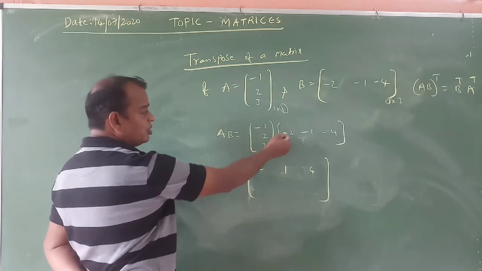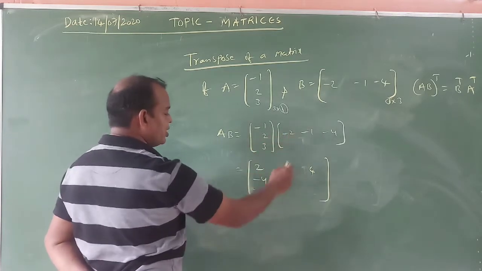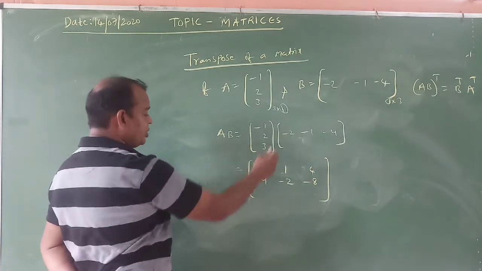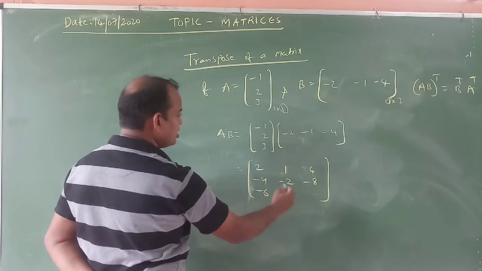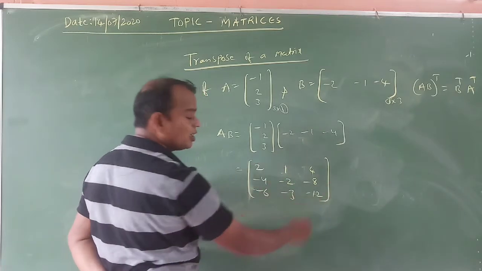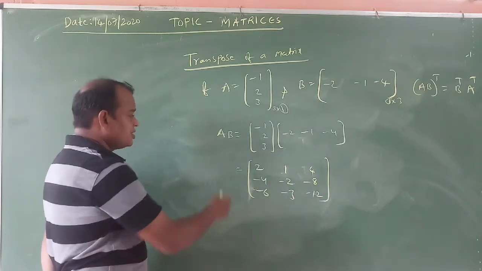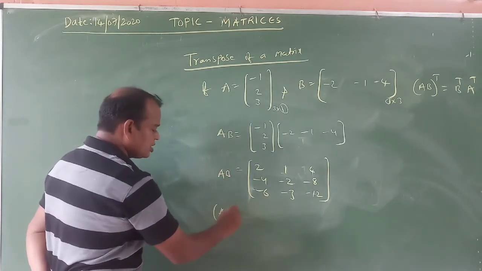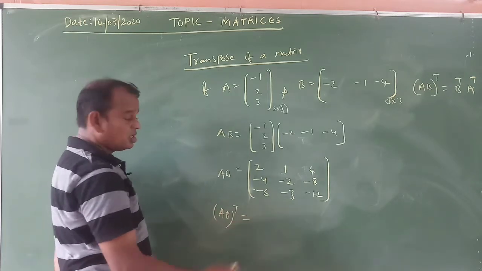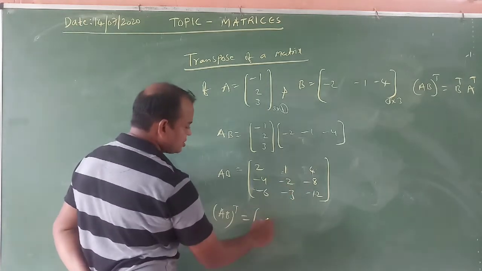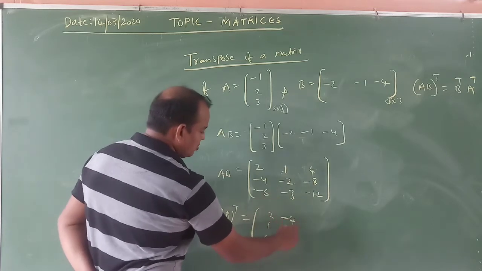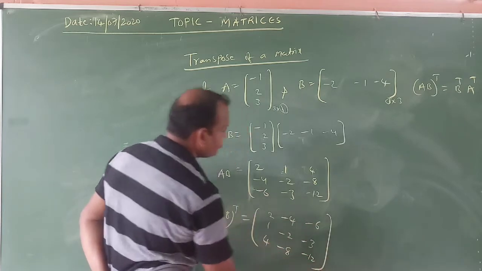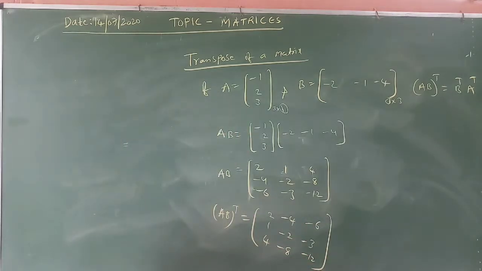Next, second row: -4, -2, -8. 3 into -2 is -6, 3 into -1 is -3, 3 into -4 is -12. This is AB. Now the transpose of the matrix: AB whole transpose is equal to, transpose means interchange the rows by columns, 2 1 4, -4 -2 -8, -6 -3 -12. This is AB whole transpose.